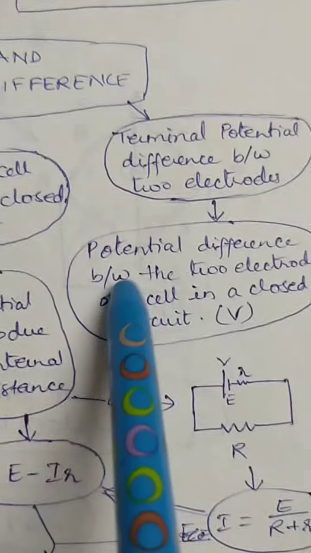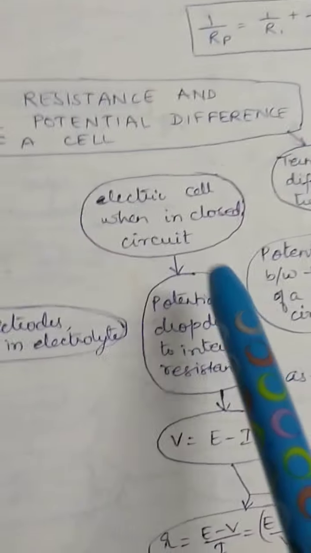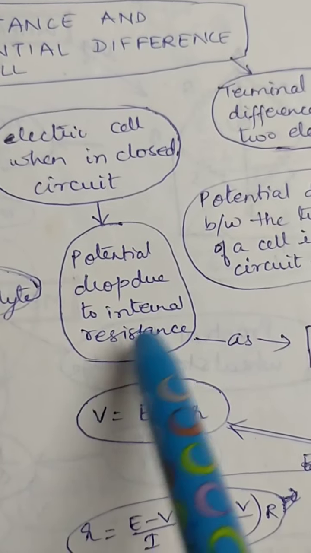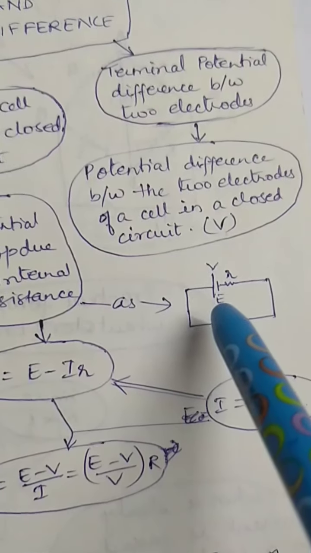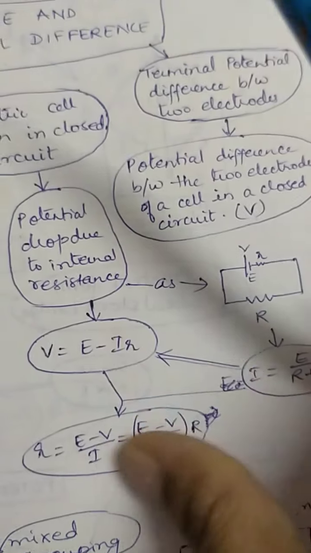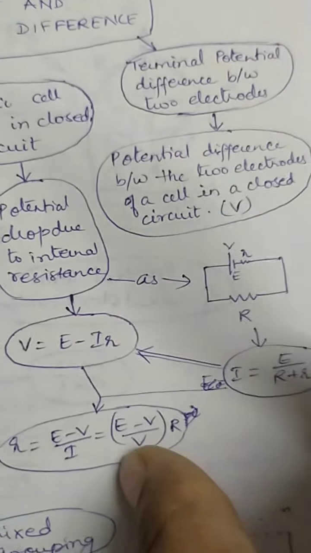In a closed circuit, potential drops due to internal resistance, and as a result E and V are not equal. The terminal potential difference is equal to the EMF minus the drop which takes place inside the cell.